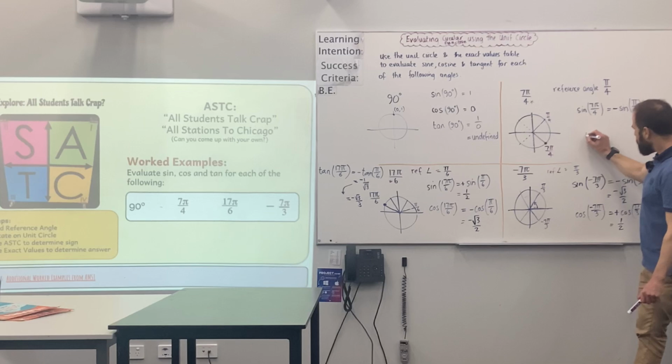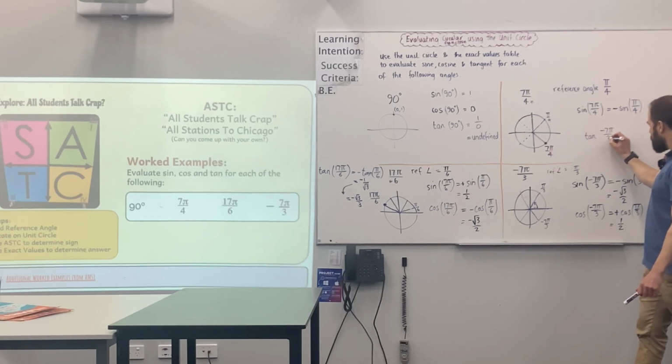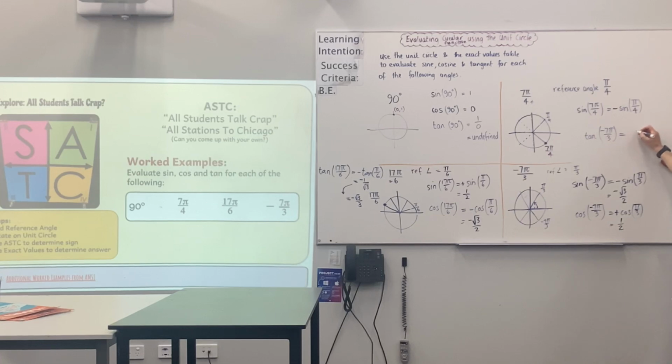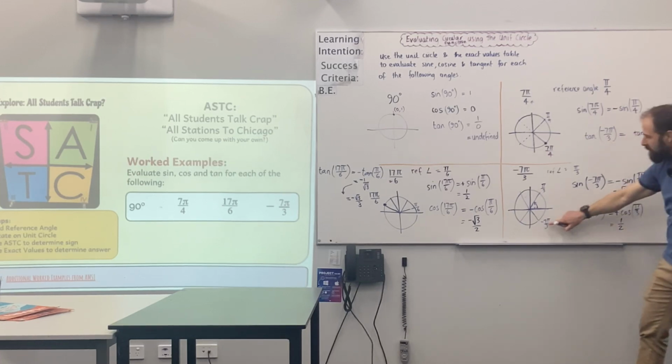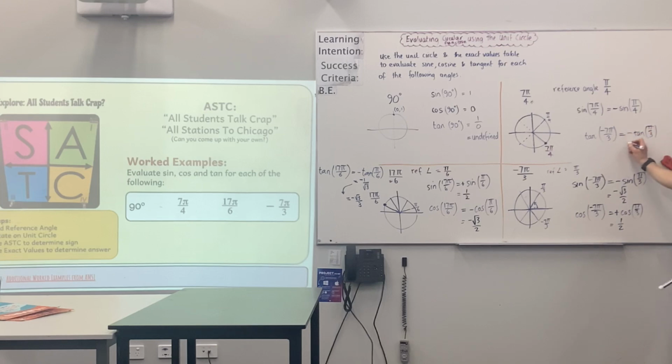And then finally, because my spacing isn't great, tan of negative 7 pi on 3 has something to do with tan of pi on 3. And because we're in the fourth quadrant, tan is negative. And then I look up the exact values table. Tan of pi on 3 is root 3. So it's negative root 3.